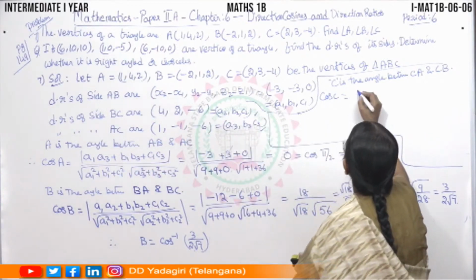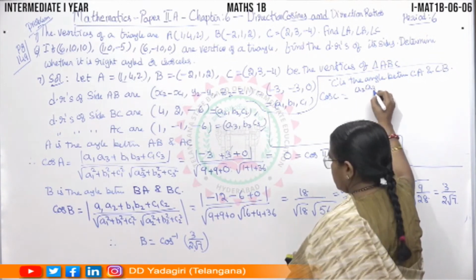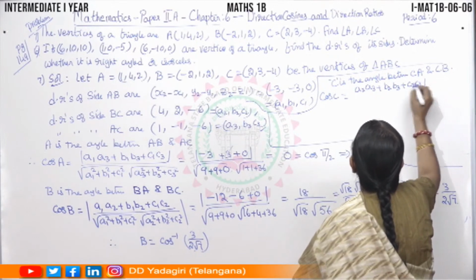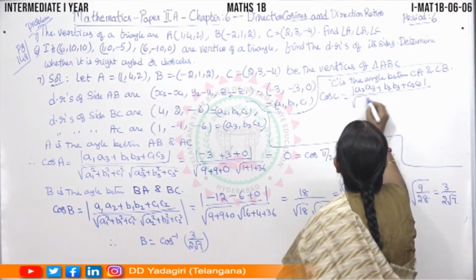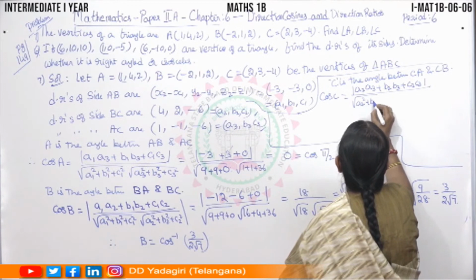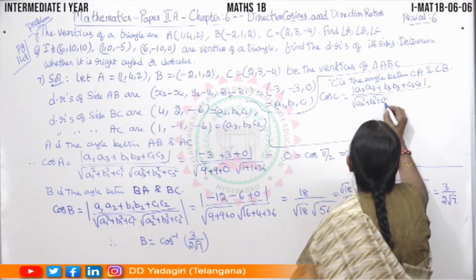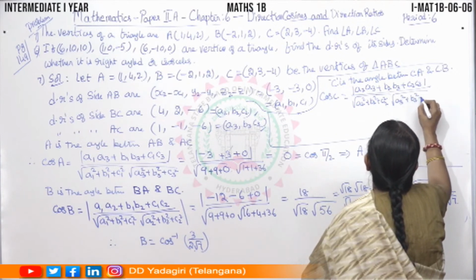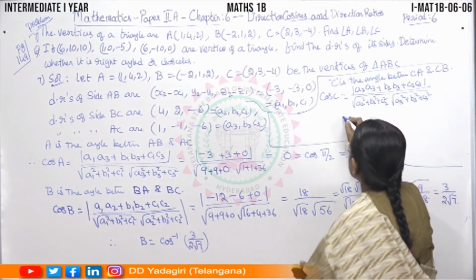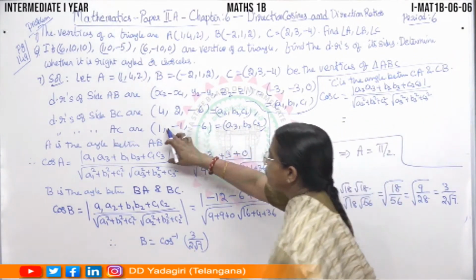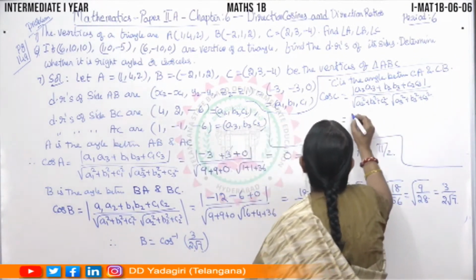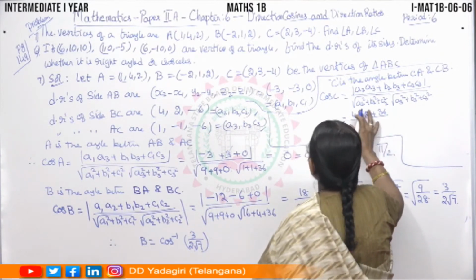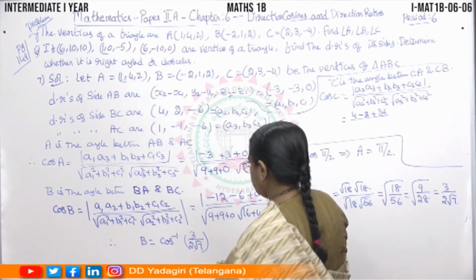So the formula becomes A2A3 plus B2B3 plus C2C3 by root of A2 square plus B2 square plus C2 square into root of A3 square plus B3 square plus C3 square. So that is equal to A2A3 means 4 minus 2 plus 36 by root of BC.